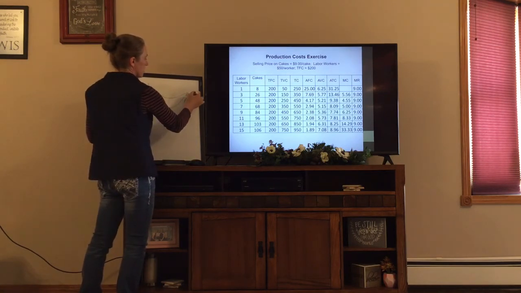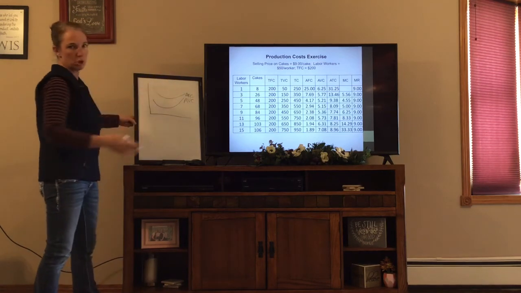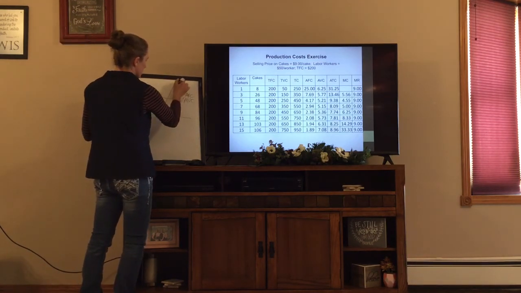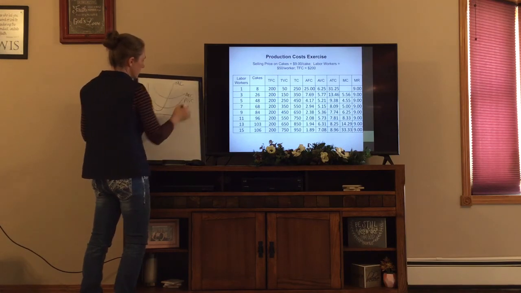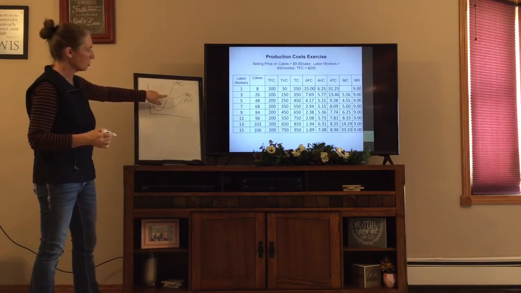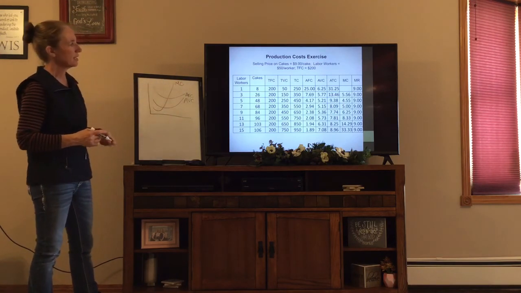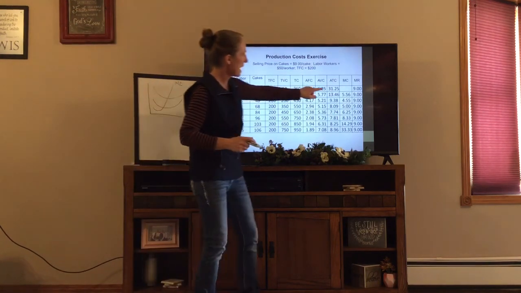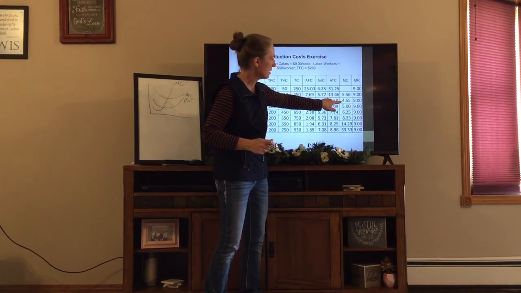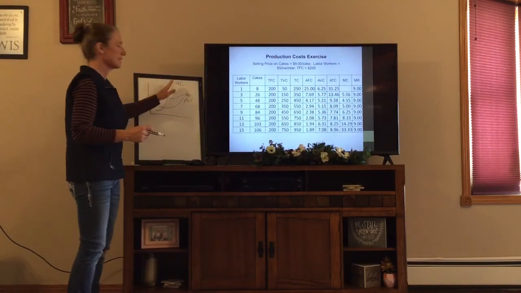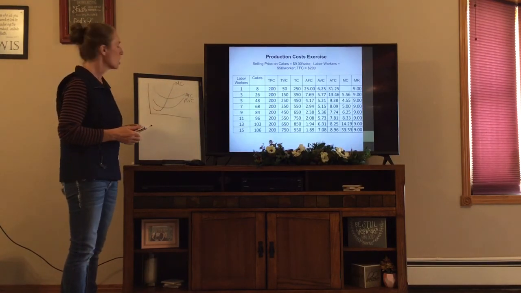Average total cost looks like this. So when we add in marginal cost, here's what marginal cost looks like. Marginal cost does this. It goes through average variable and average total cost at their minimum, and it's generally an increasing value, okay? So we see that. We see marginal cost start, it dips down to a minimum, and then the rest of the time it's increasing. Just like this. It has that shape right like that, okay?